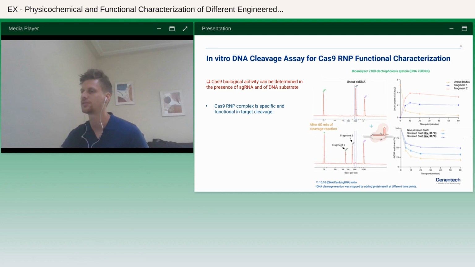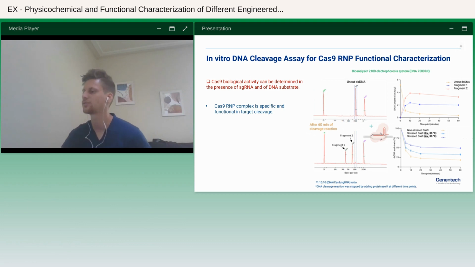So based on this figure, you can conclude that our complex is specific and functional in target cleavage. You can also see the evolution of the DNA concentration over time. The uncut double-strand DNA starts at 5 nanogram per microliter and finishes at around 0.5 nanogram per microliter.